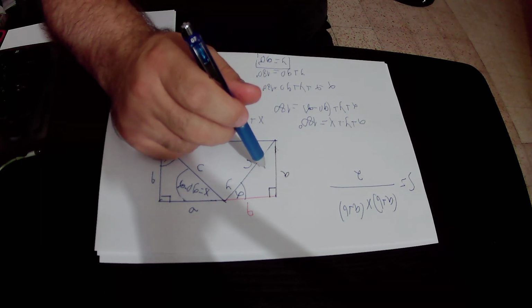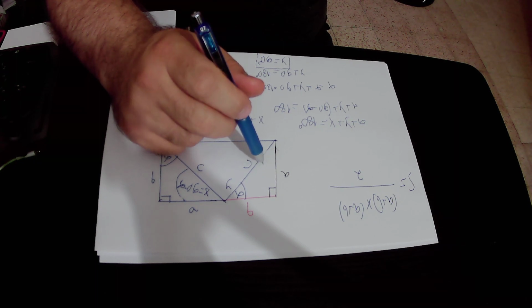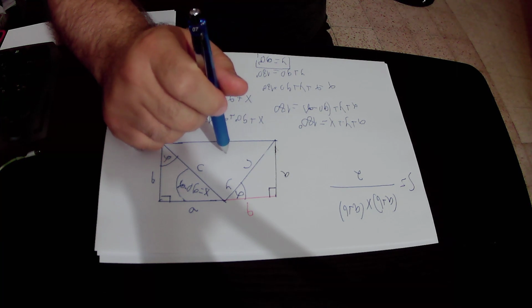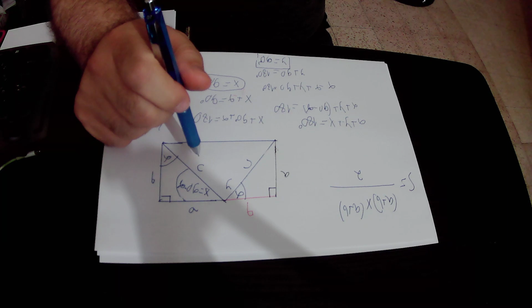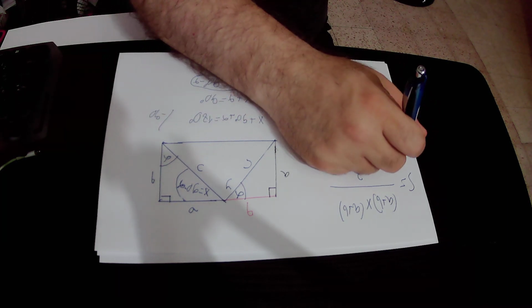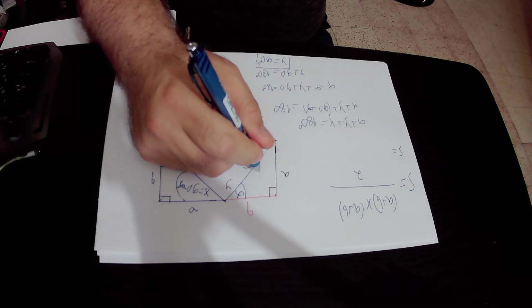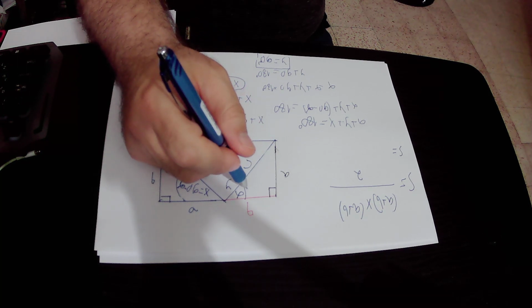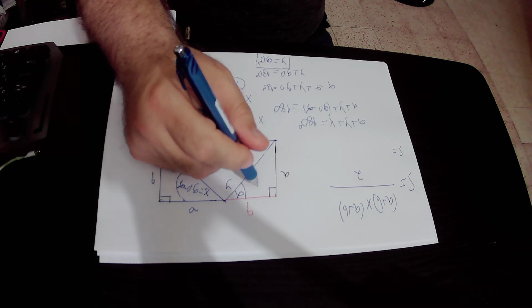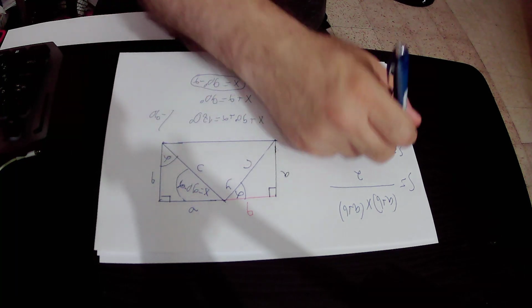So the area of the left triangle plus the area of the middle triangle plus the area of the right triangle equals the area of the trapeze. The area of the left triangle equals its base times its height divided by 2, so it is B times A divided by 2.